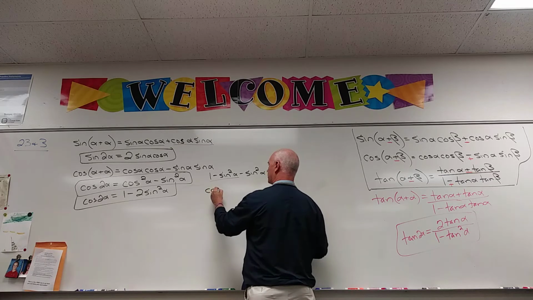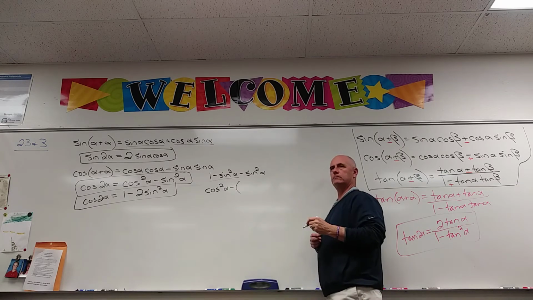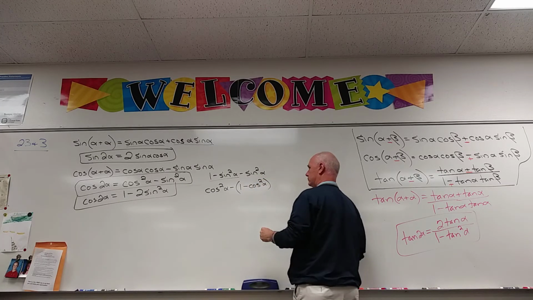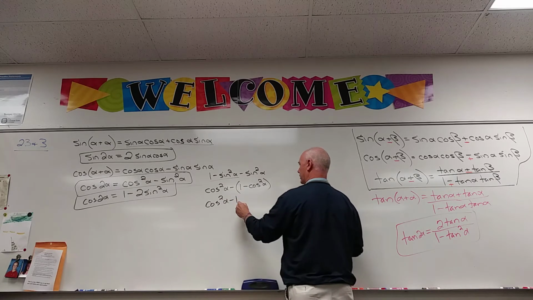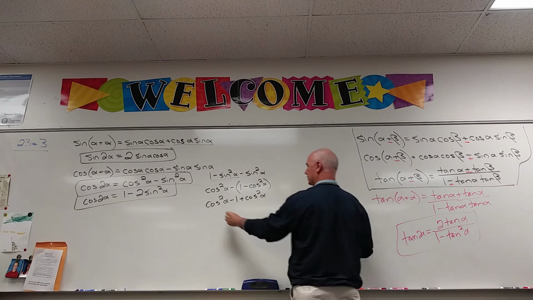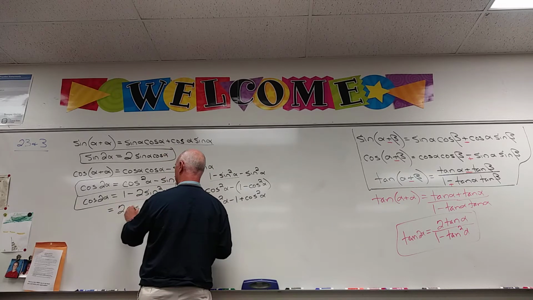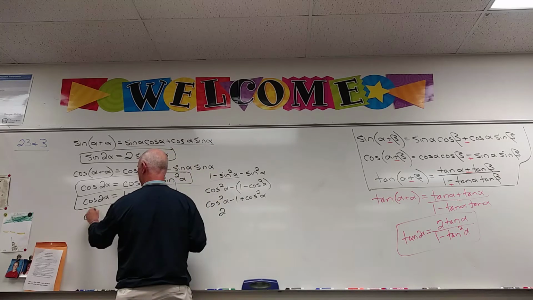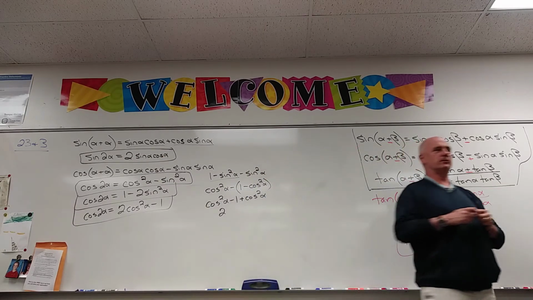Cosine squared of alpha minus, how can we write sine squared of alpha? 1 minus cosine squared of alpha, which would be cosine squared of alpha minus 1 plus cosine squared of alpha, which would give us 2 cosine squared of alpha minus 1, which is the third and final way to write the double angle formula for cosine.